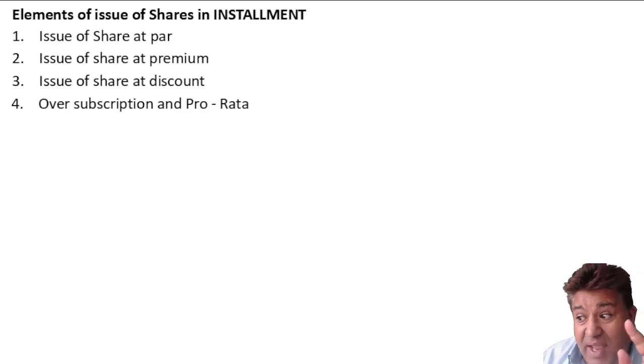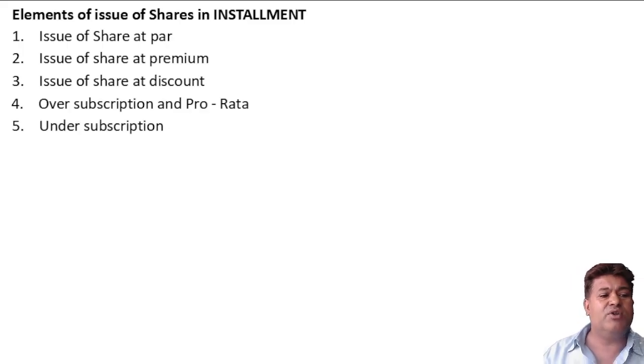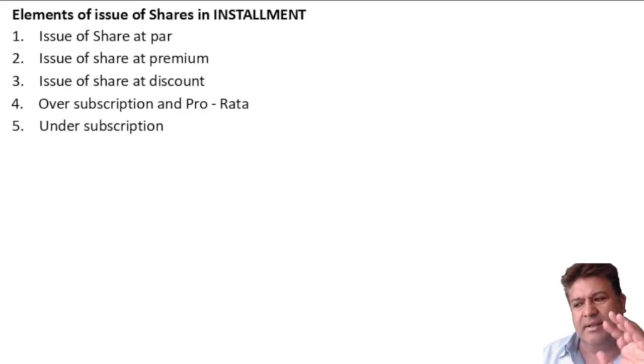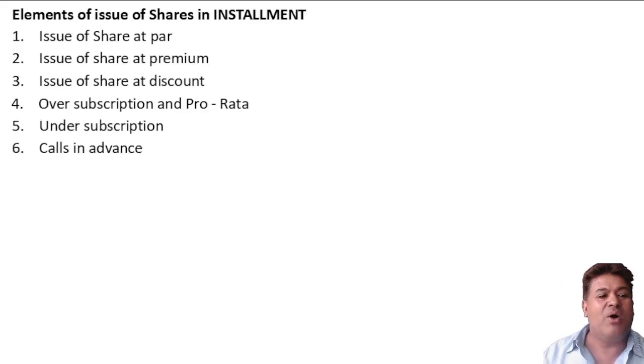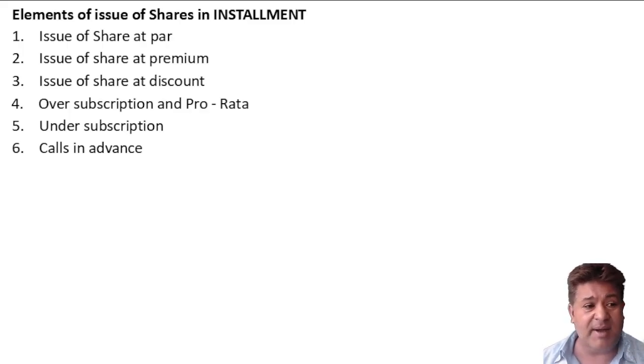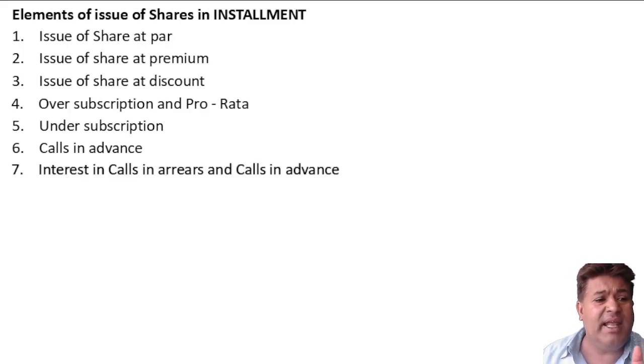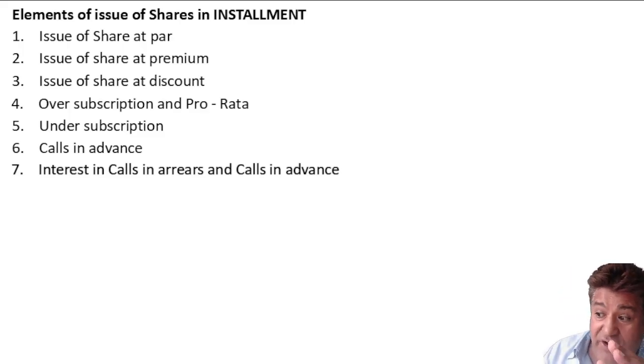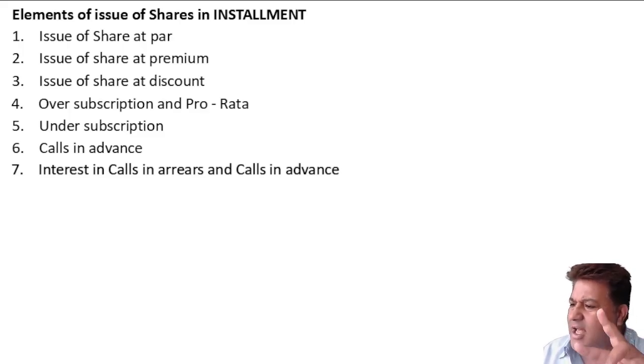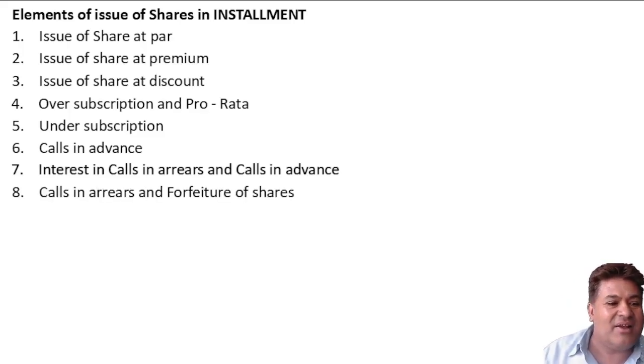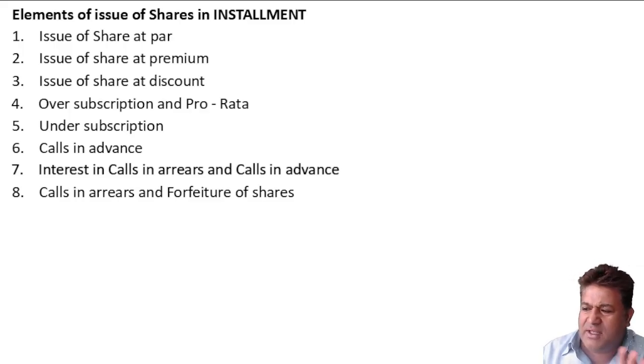One solution is pro rata, which we are going to discuss. Under subscription is the very easy case, right? Then calls in advance and calls in arrears. They are just opposite things, and we also cover forfeiture of shares with calls in arrears.